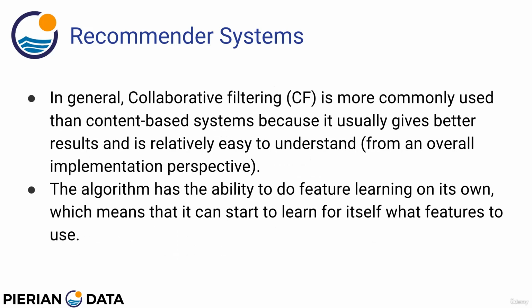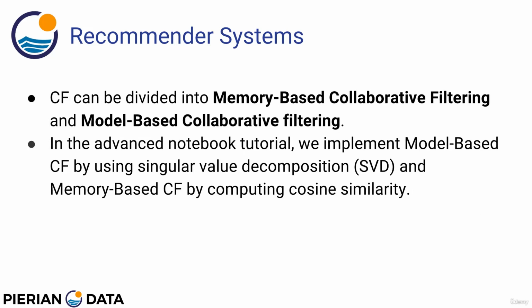Generally speaking, in the real world, collaborative filtering, or CF, is more commonly used than content-based systems because it usually gives better results and it's actually relatively easy to understand from an overall implementation perspective, provided that you have that linear algebra background. The collaborative filtering algorithm actually has the ability to do feature learning on its own, which means that it can start to learn for itself what features to use when recommending certain items.